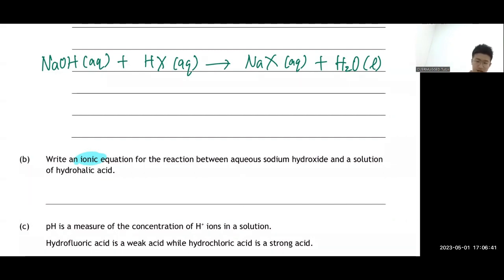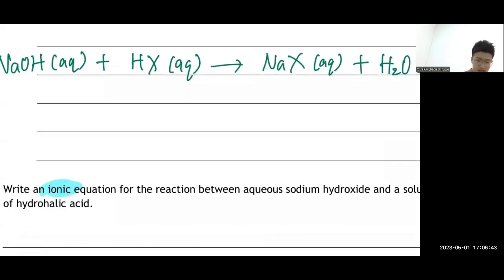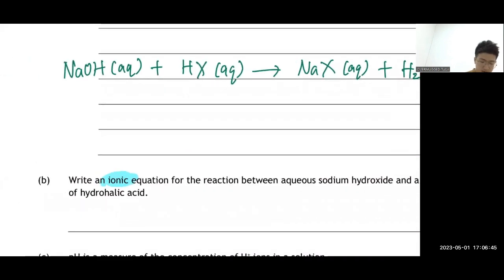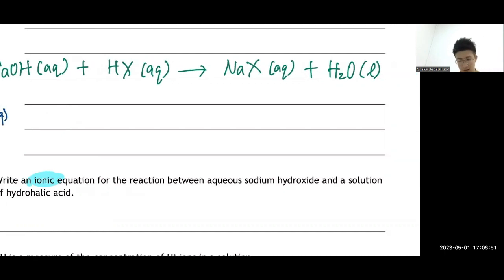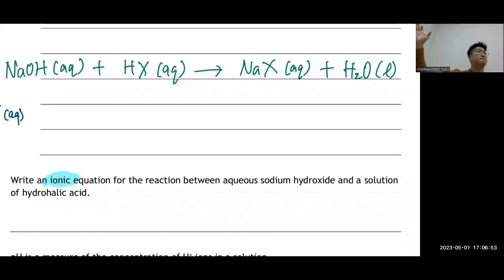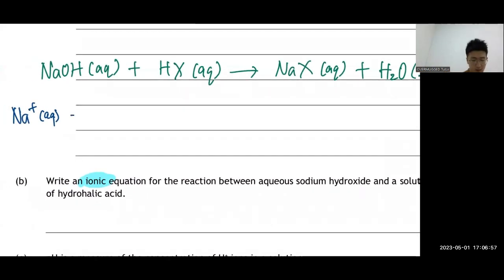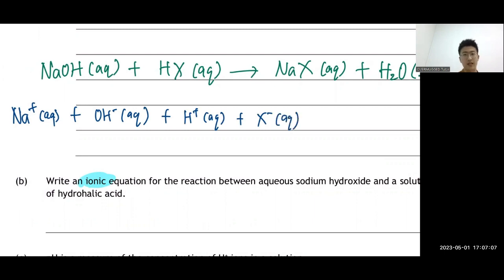Let's split together. Aqueous, I split. What's going to happen is I have my Na plus. Wait, is it balanced? Yes, balanced here, so I can leave it. Na plus, OH minus, plus X minus. This is everything on the left side already.